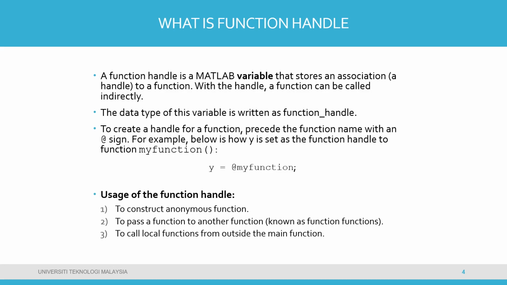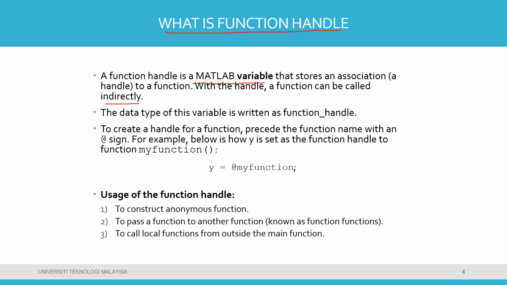So we start with the function handle. Okay, so what is function handle? So function handle is basically a mathematical variable that can store and associate a handle to a function. With handle, a function can be called indirectly.